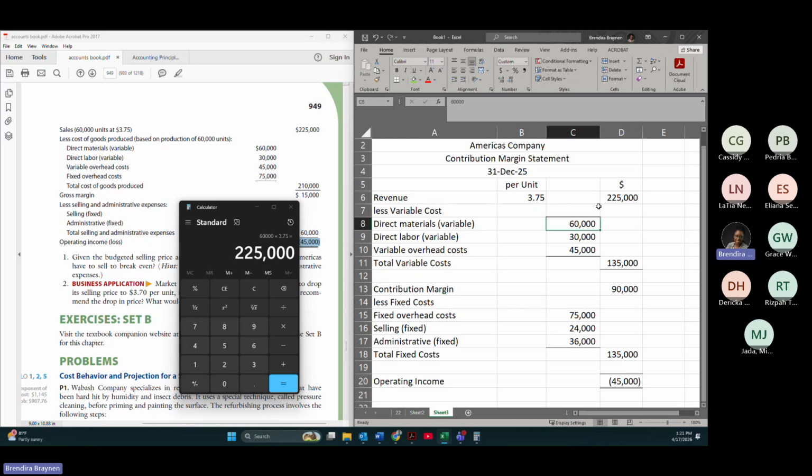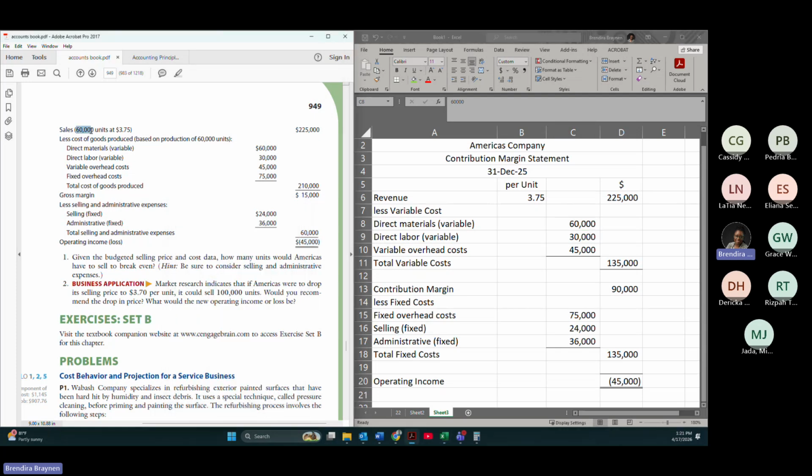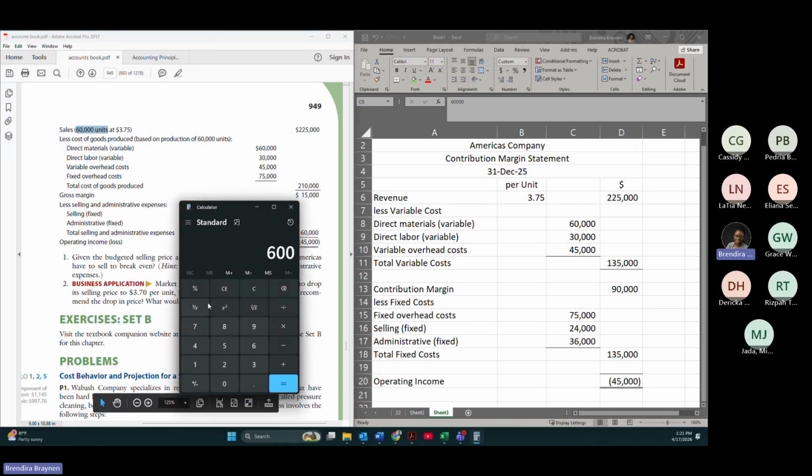If my cost is $60,000 and I sold 60,000 units, then $60,000 divided by 60,000 units means that direct materials cost me $1 per unit. Direct labor total is 30,000. If I take 30,000 divided by the 60,000 units that I sold, direct labor is 50 cents per unit.